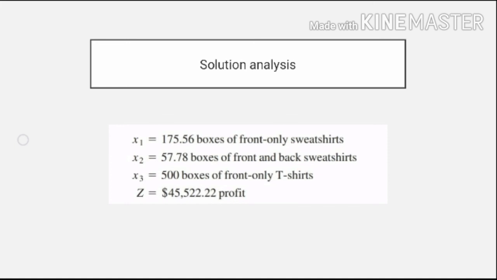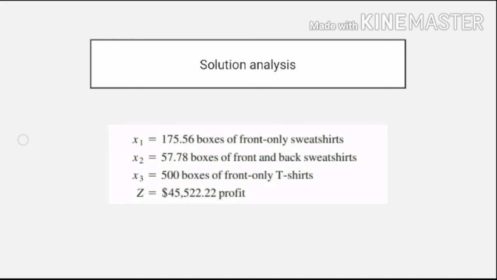15,800.4. Next is 57.78 times the profit per box, 125, which is equivalent to 7,222.5. And last is the 500 boxes. Multiply it by the profit per box in X sub 3, which is 45, and that results in 22,500.